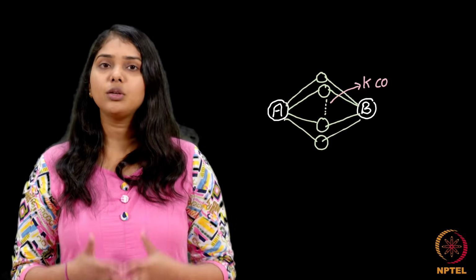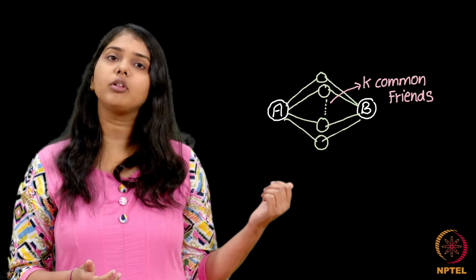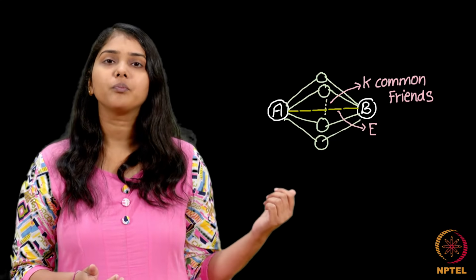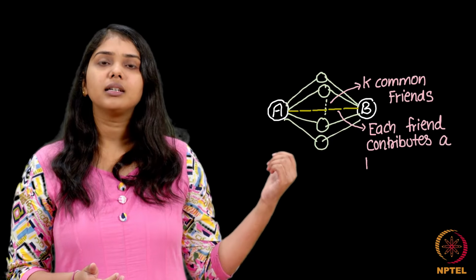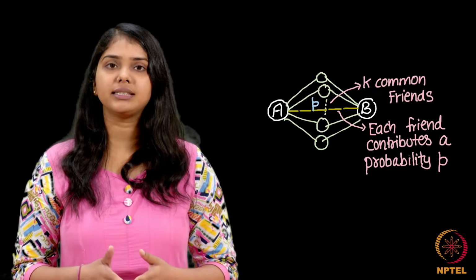So how have we implemented these closures before? We have used a formula, if you remember. If there are two people A and B, and these people have, let's say, some k number of common friends, then assume that each of these common friends contributes to a probability P. So one common friend contributes a probability of P that these two people will become friends.